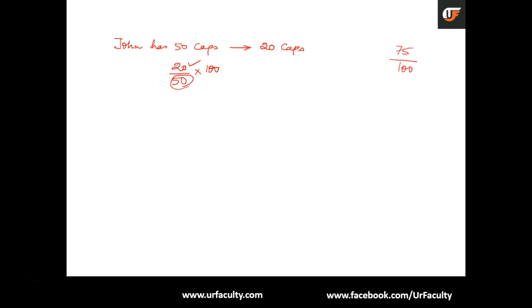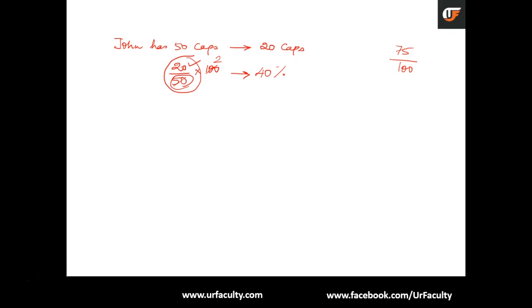When you multiply by 100, the whole value is converted to a ratio to the base of 100. When you start cancelling, you get 40%.